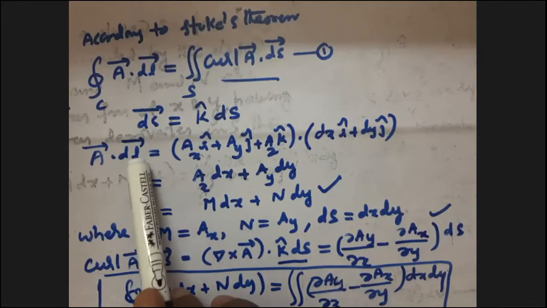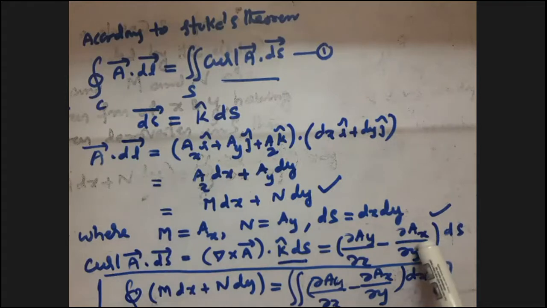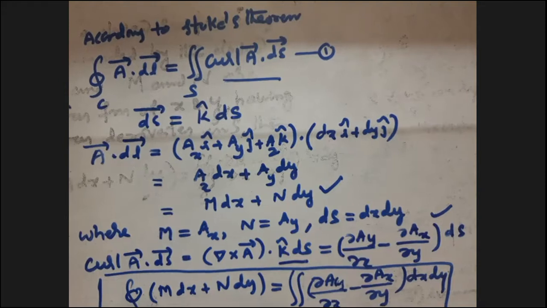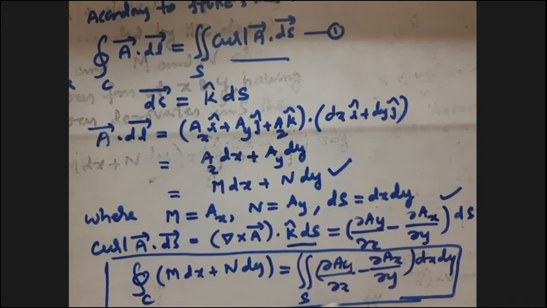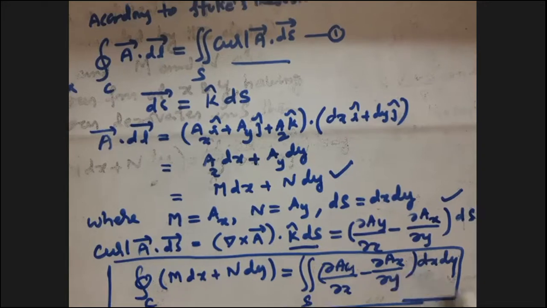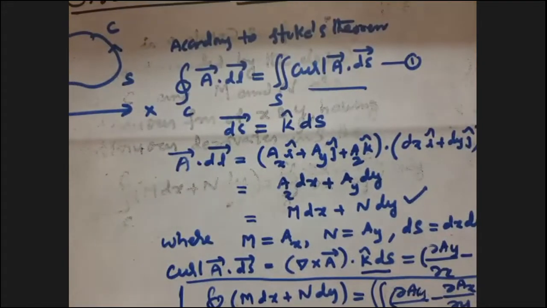Substituting the A bar dot dl bar value and this value in the expression, the closed line integral over C of M dx plus N dy is equal to the surface integral of dou A_y by dou x minus dou A_x by dou y dx dy. So this is the proof of Green's theorem in a plane.